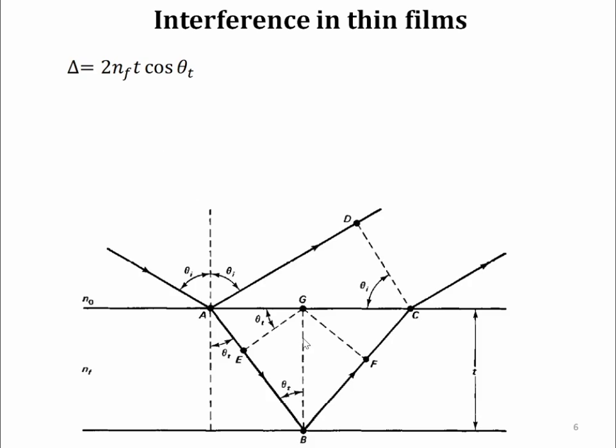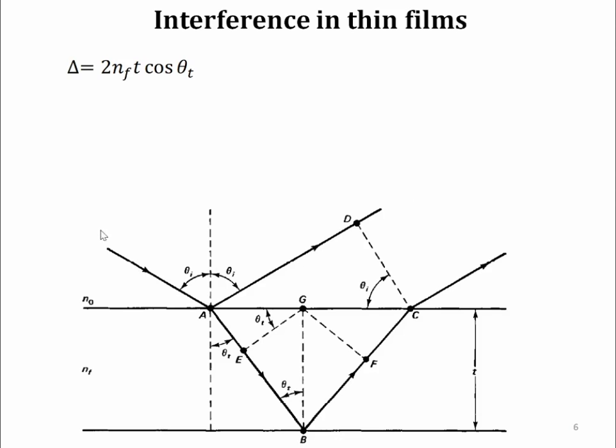The path difference should be an integral multiple of the wavelength of the light, and here the path difference delta is actually the optical path difference, because we are taking care of the refractive index as well.